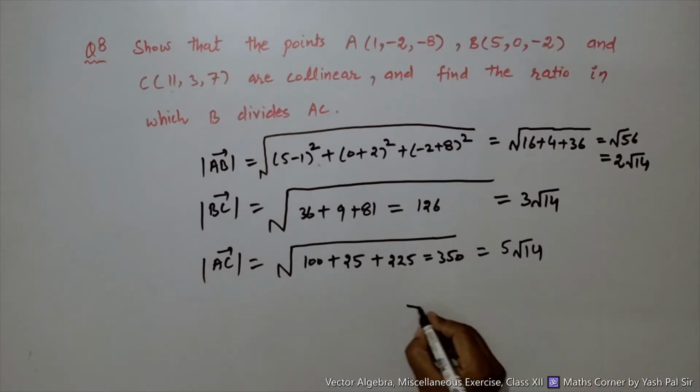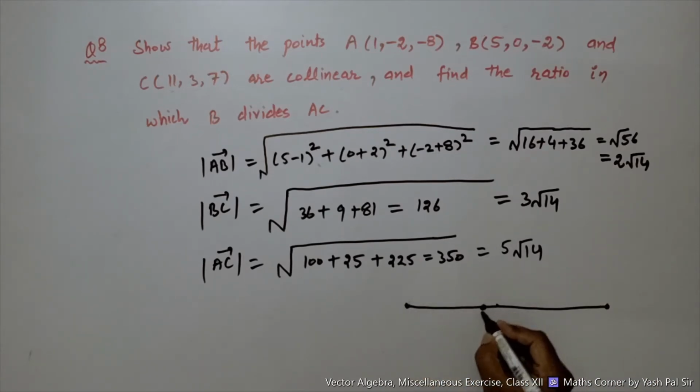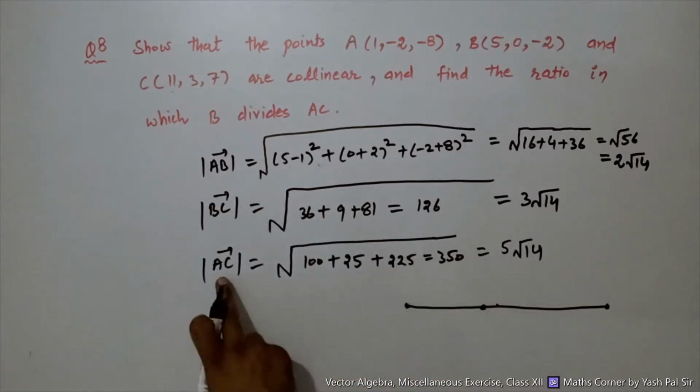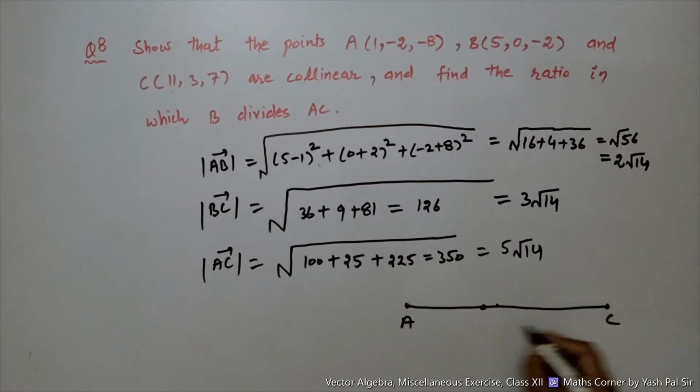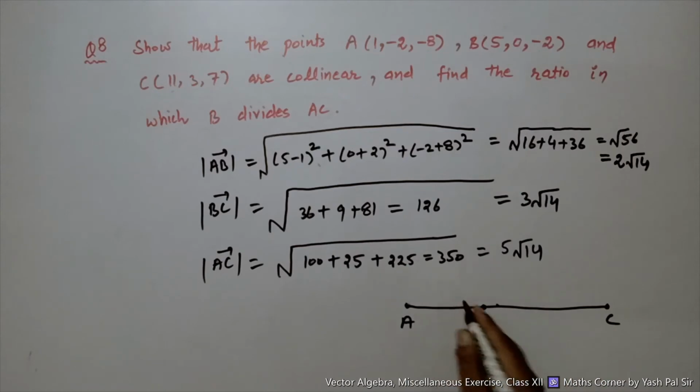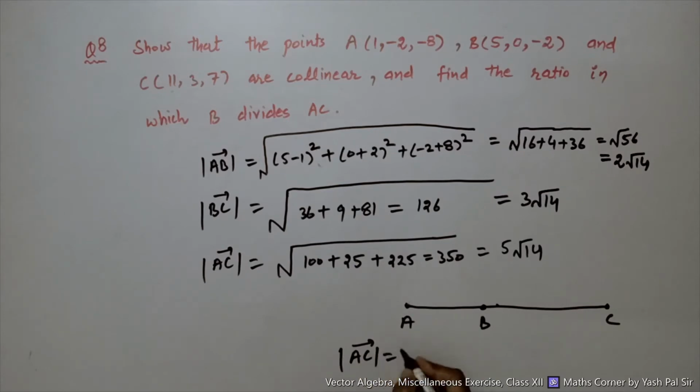This means that we have one straight line with 3 points on it, where the greatest length is AC, and in between there is point B. AC distance is 5 into square root 14, so AC distance is equal to AB distance plus BC distance.